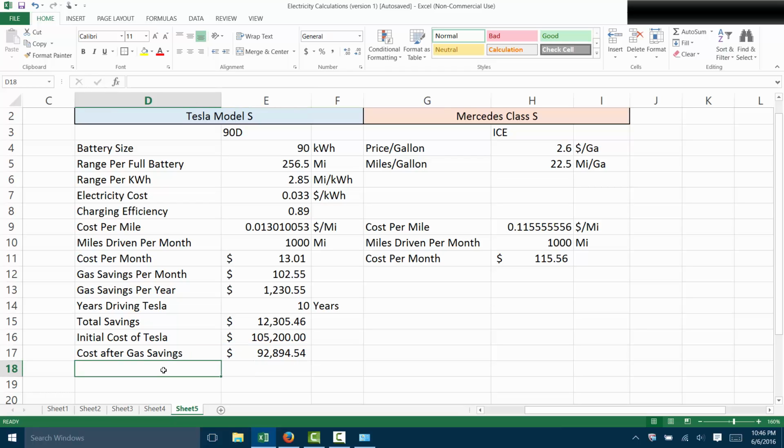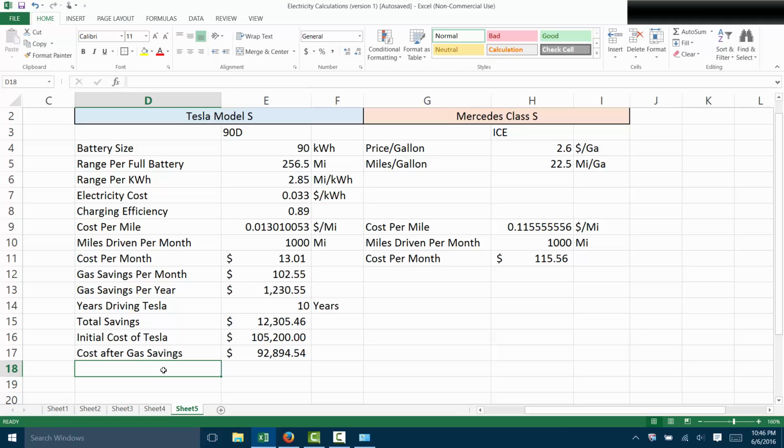If you buy the car around 2016 and probably still 2017, you're likely to get the tax credit. That tax credit is going to go down over time, depending on the number of cars that are sold.